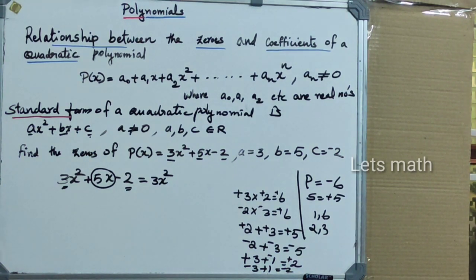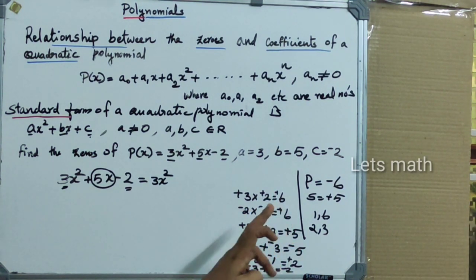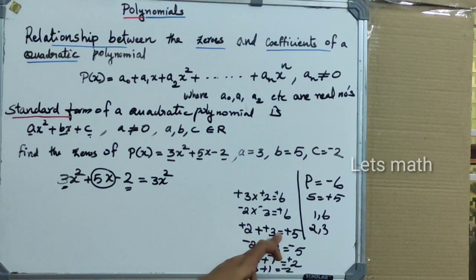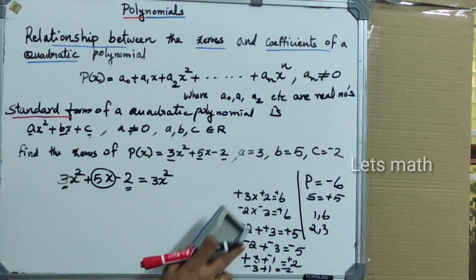So this is the concept of integers. Positive into positive is always positive, negative into negative is always positive, positive plus positive is always positive, negative plus negative is negative only. When you add two integers with different signs, you find the difference and put the sign of the greater number. Okay.